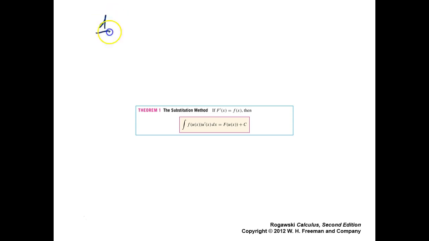So if d by dx of f of u of x, okay? There's your good old composite function. Whatever f is, but then you're operating on some other function of x. That derivative by the chain rule would be what?